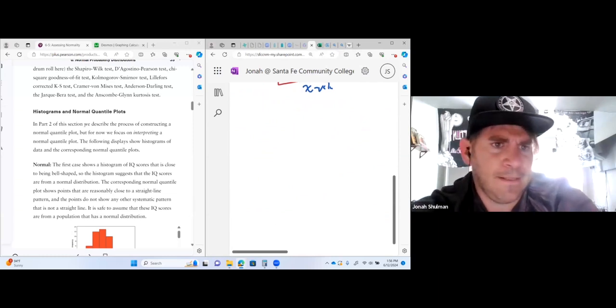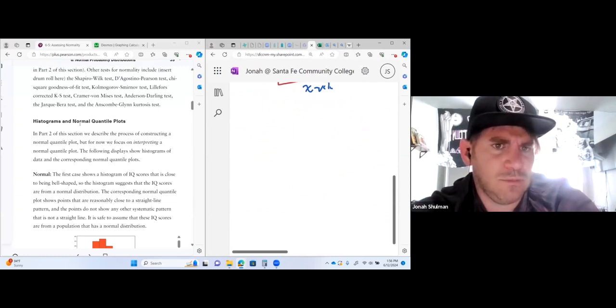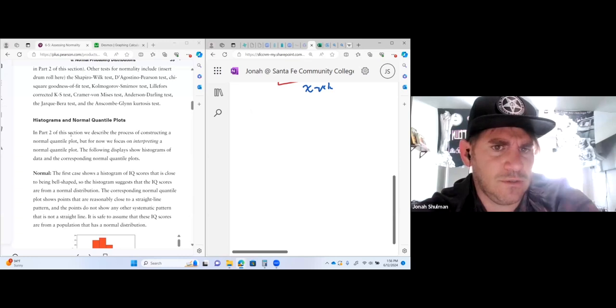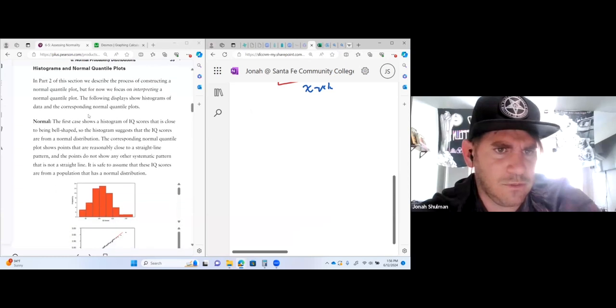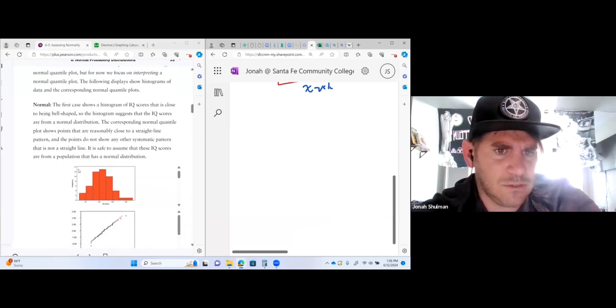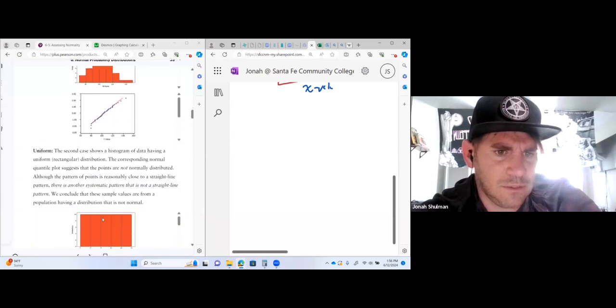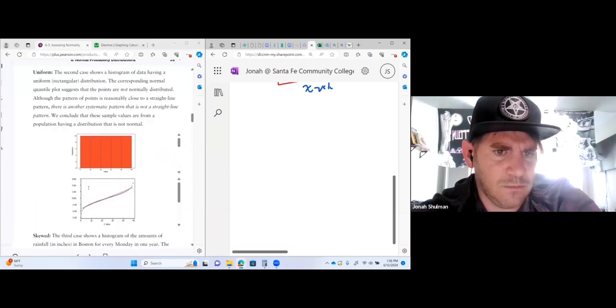Part two of this section, we will describe the process of constructing a normal quantile plot and interpreting a normal quantile plot. So the first case shows the histogram, corresponding quantile creates a straight line. I love it. All right, so if it's uniform, it will be kind of curvy.